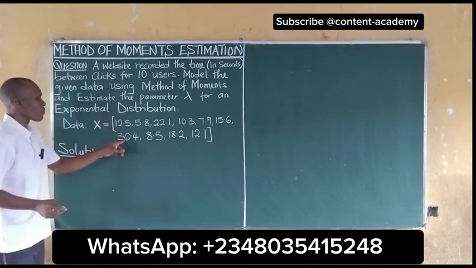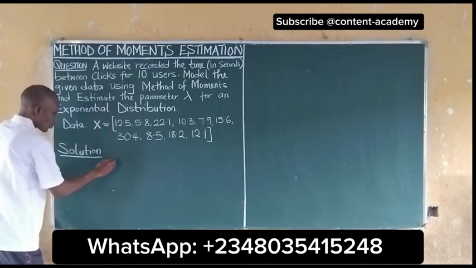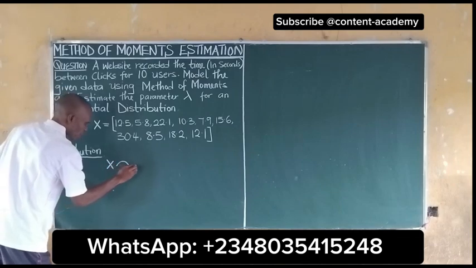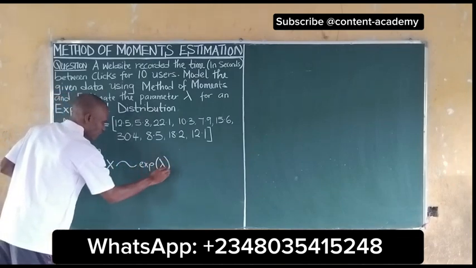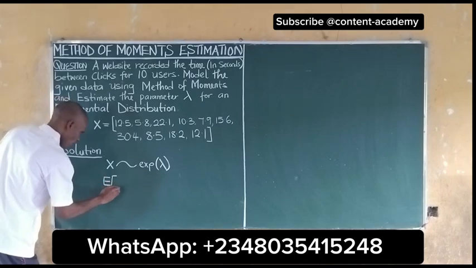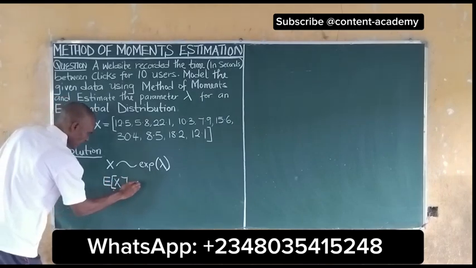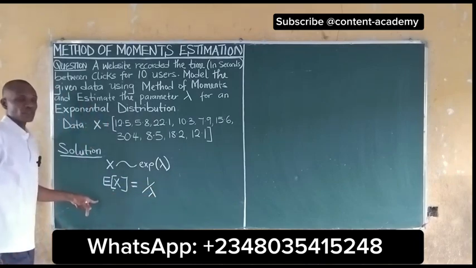Now, we are asked to model this data for an exponential distribution. We should recall that if x follows an exponential distribution of lambda, it means that the expected value of x is equal to 1 over lambda. That is what it means.